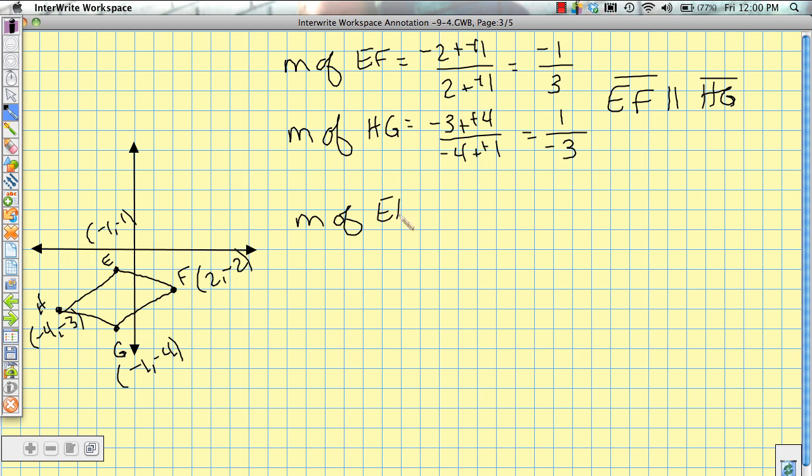So the slope of EH, you get 2/3. So check to make sure that the slope of FG is 2/3 as well.